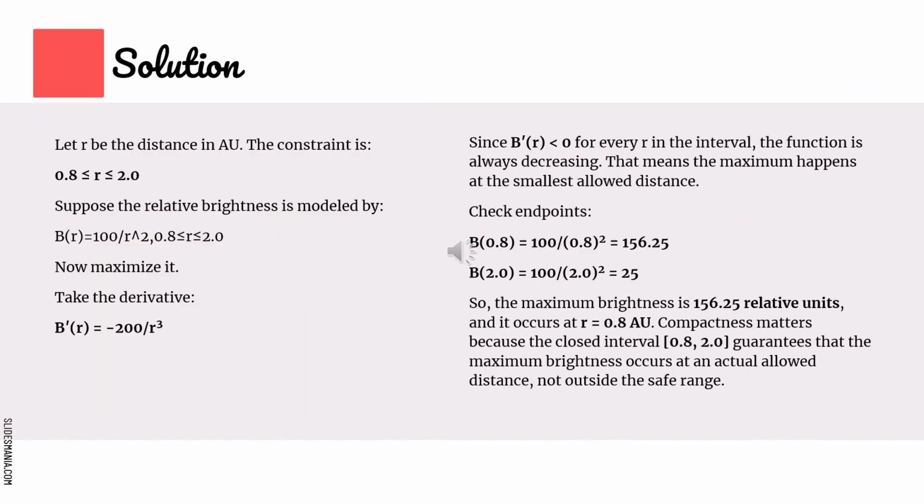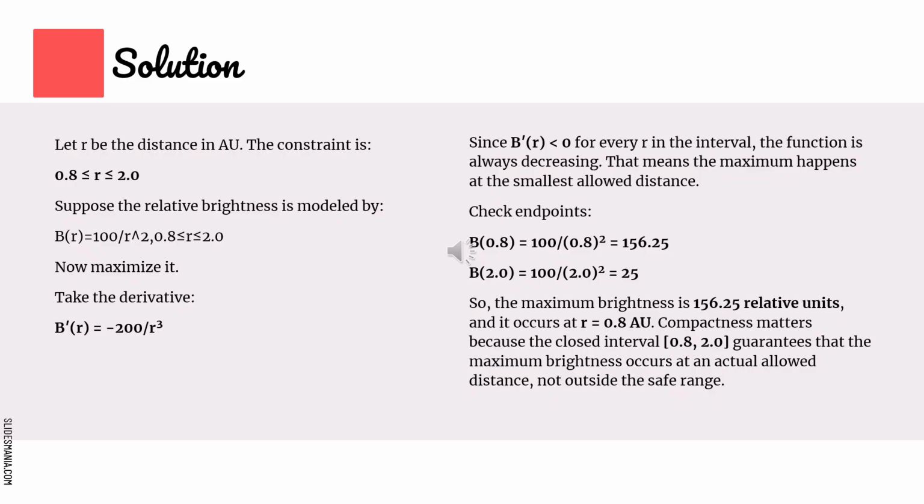Now let's work out this problem with a solution. Let the distance in astronomical units be r. The constraint is between 0.8 and 2.0 for r, and suppose the relative brightness is modeled by b of r. Now let's maximize it.